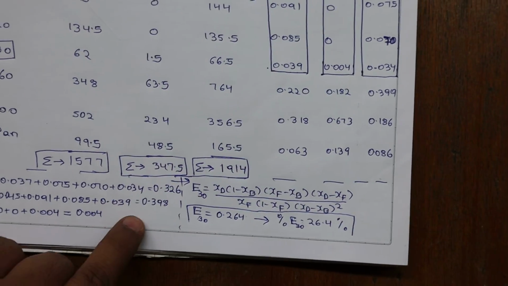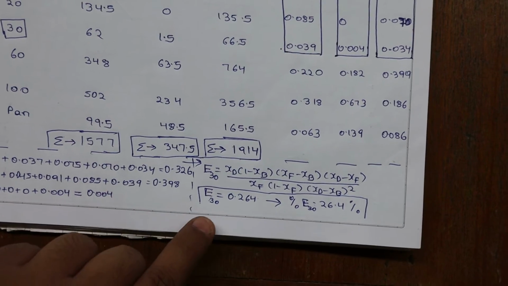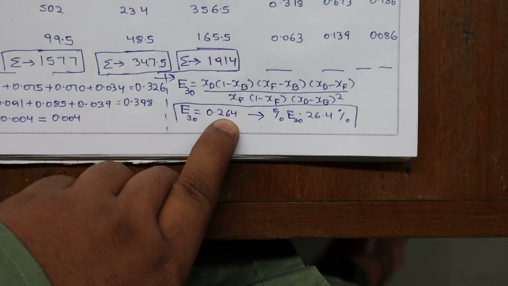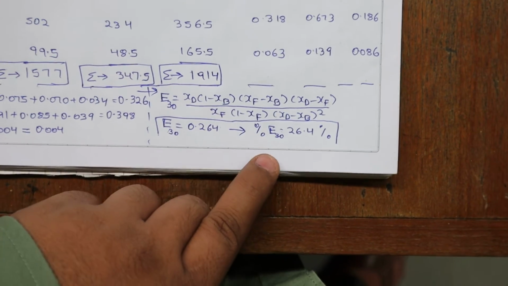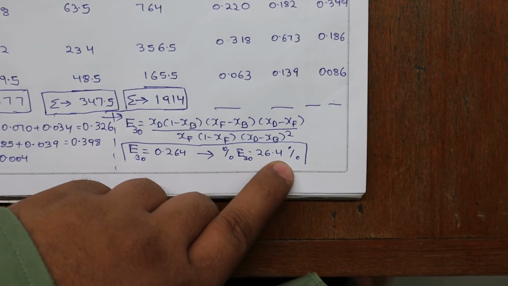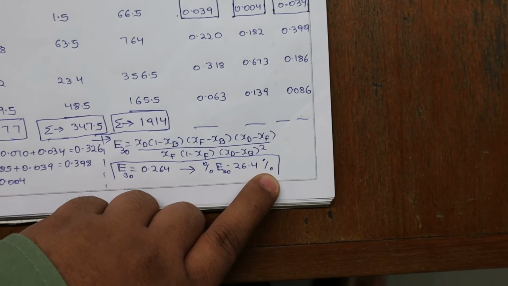Once you put in all the fractions XF, XD, and XB, you get the effectiveness of screen number 30 as 0.264. In percentage, that is 0.264 into 100, which is 26.4% effective.